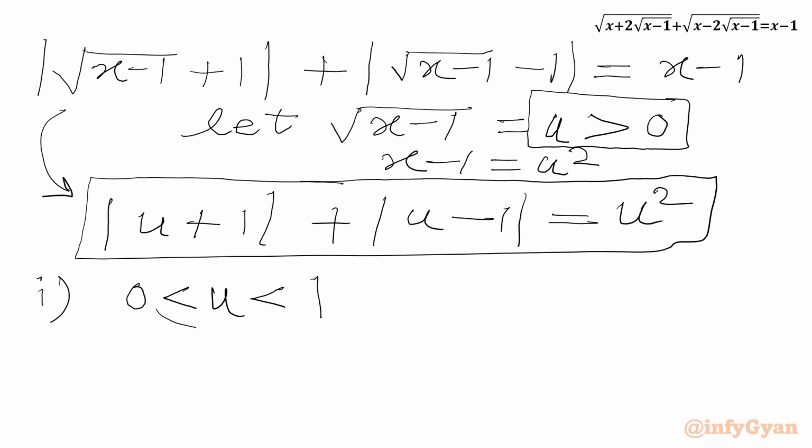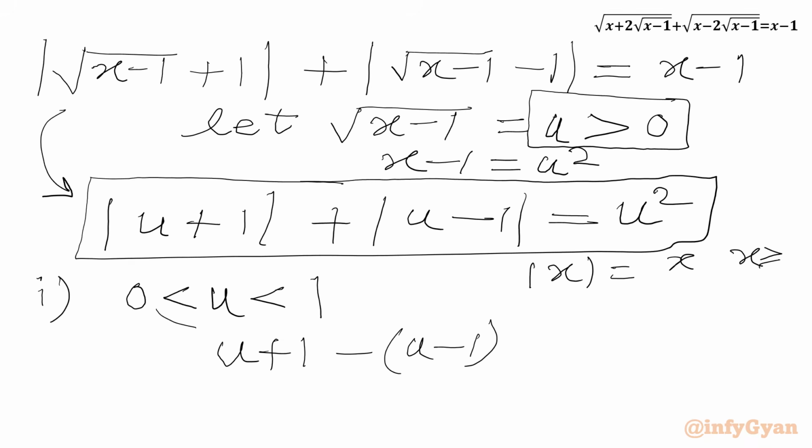Once u is lying in the interval 0 to 1, then mod of u plus 1 will be u plus 1, and mod of u minus 1 will be minus of u minus 1 using the mod property: mod of x equals x when x is greater than or equal to 0, and equals minus x when x is less than 0. So we will write equal to u square.